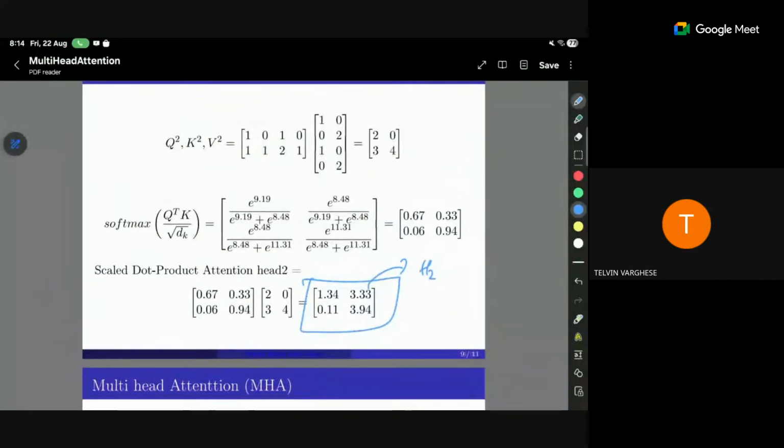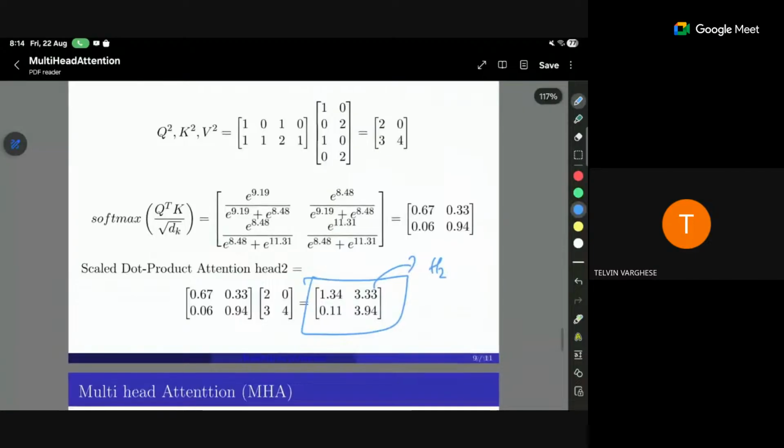You multiplied the softmax with V. In the first line you have mentioned Q2, K2, V2, right? Yes. What does it correspond to? Is it the matrix itself you are telling? Yes, sir.